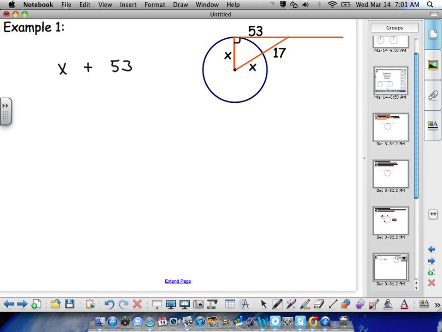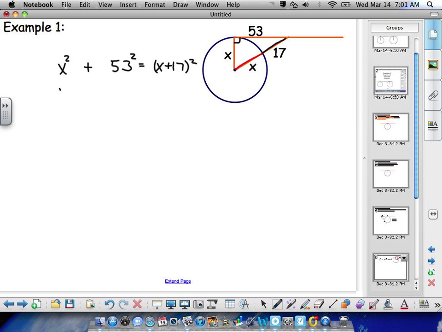So we square those and add them together, and that should equal the square of the hypotenuse. The hypotenuse has two parts, x and 17, so its length would be x plus 17, and we have to square that.